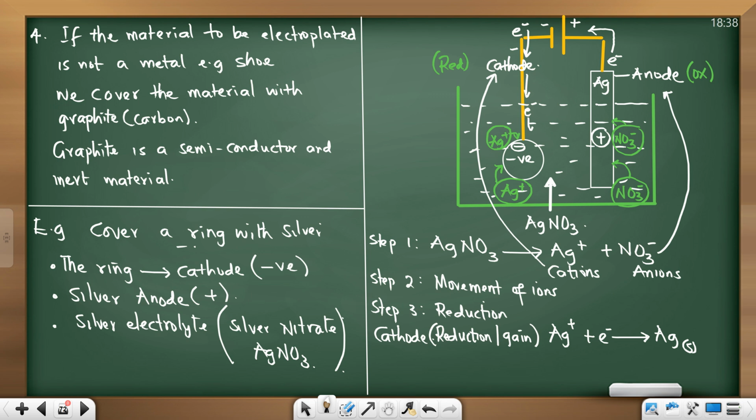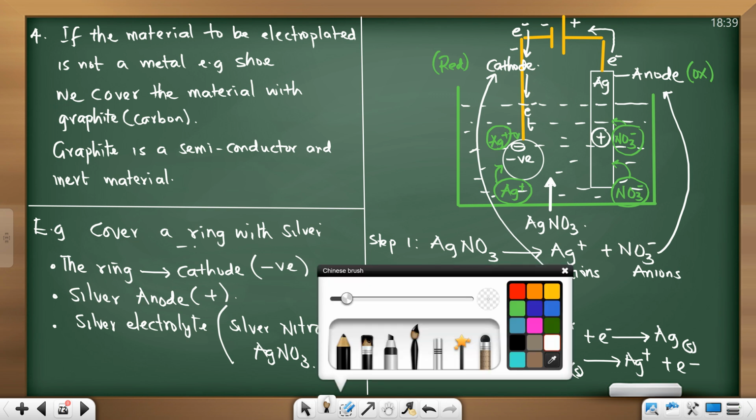Can you see we have silver there at the anode, which is oxidation, which is the loss. Silver, Ag solid, will be oxidized to what? Ag plus. So it's releasing an electron. Please get the process.